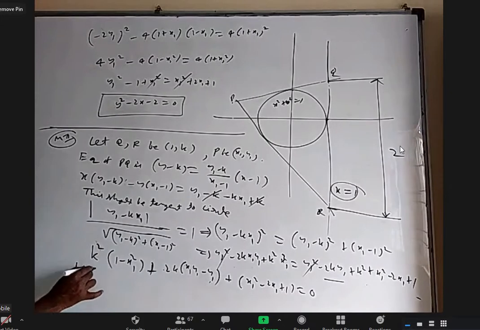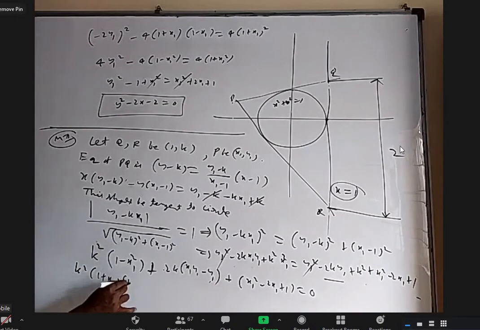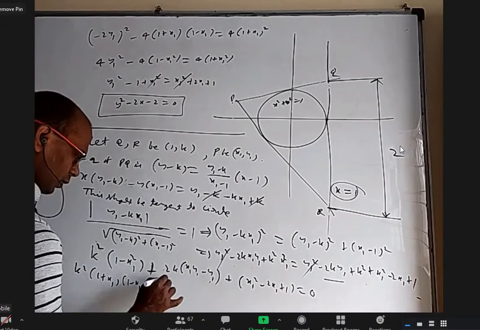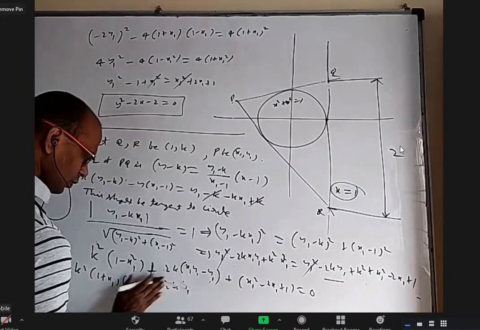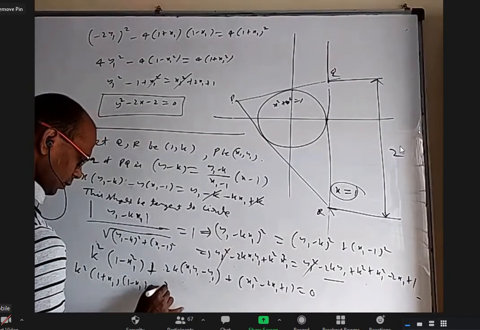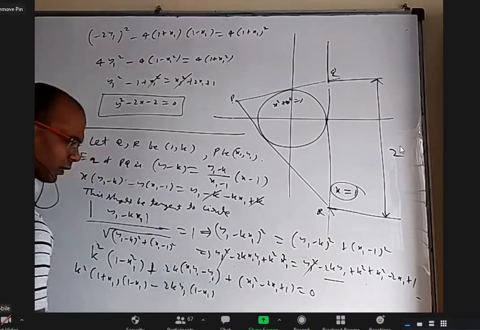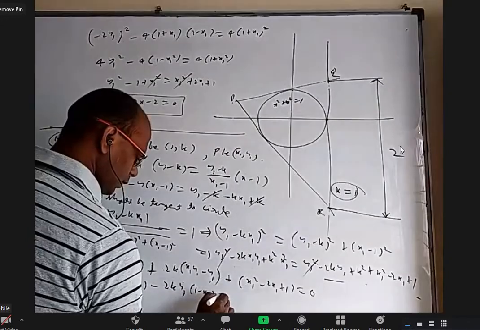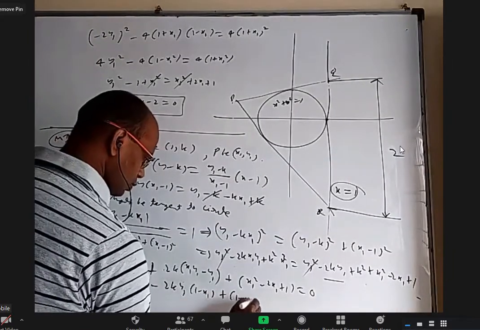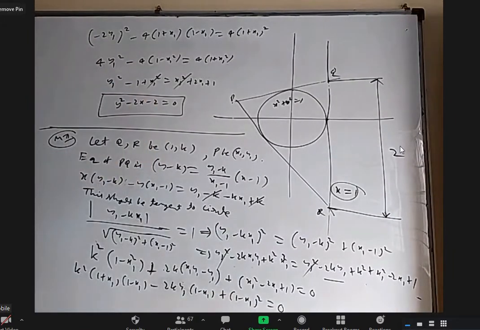This is k square into 1 plus x1 into 1 minus x1. This is minus 2k y1 into 1 minus x1. This is a perfect square, 1 minus x1 whole square. I can cancel 1 minus x1, same equation.